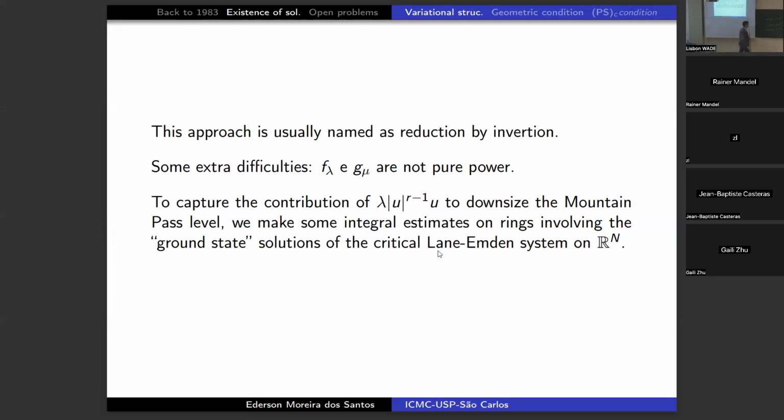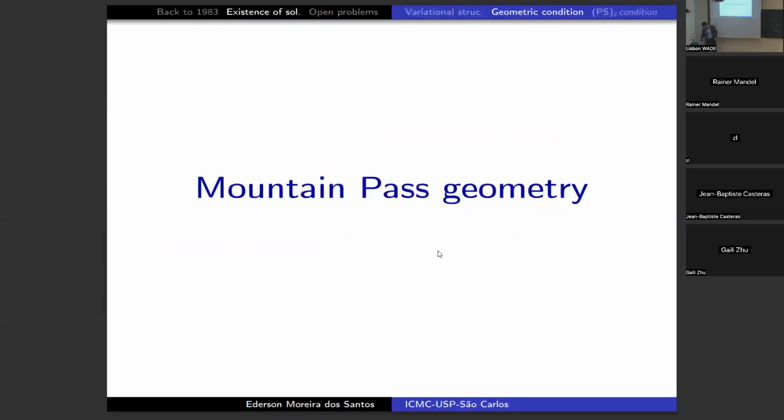If you look at the original problem of Brezis-Nirenberg, when doing the estimates, he has to multiply the ground state by a cutoff function, and then analyze the decay of the ground state. So more or less, they integrate on inside balls or outside balls. In order to capture this contribution, we also have to make some estimates on the rings. So this is somehow just a technical part, but this is what's different.